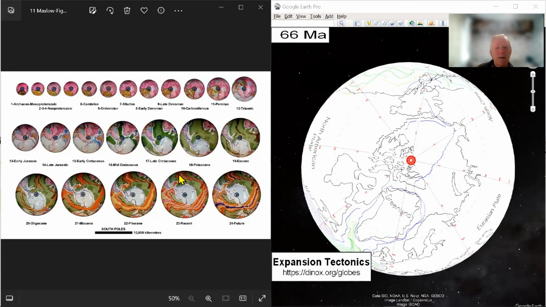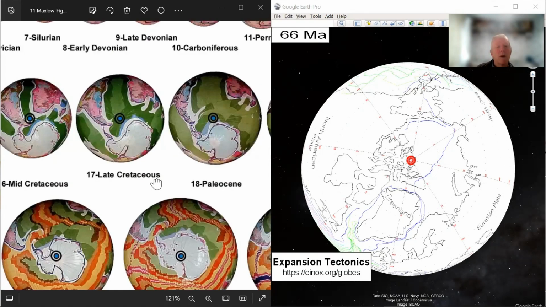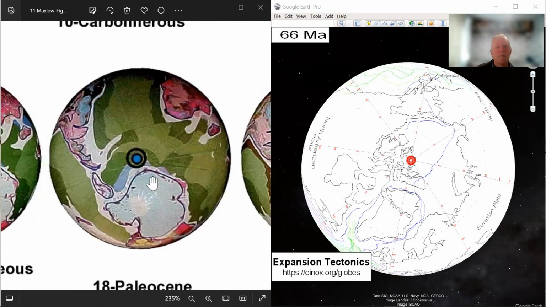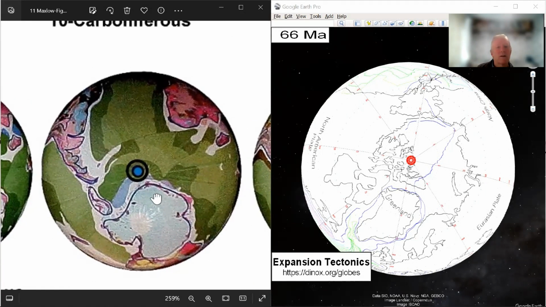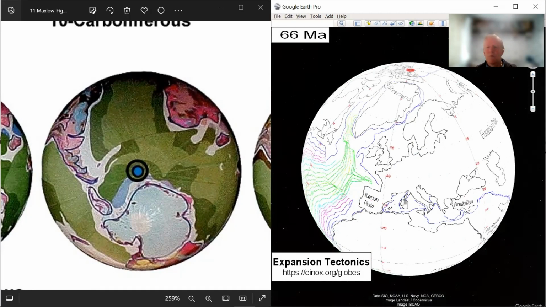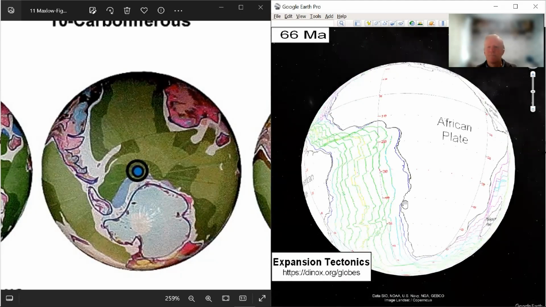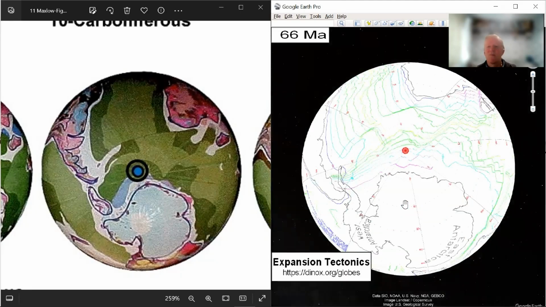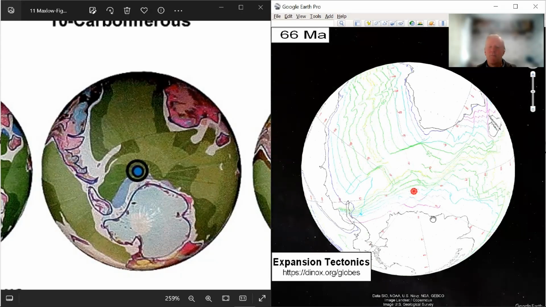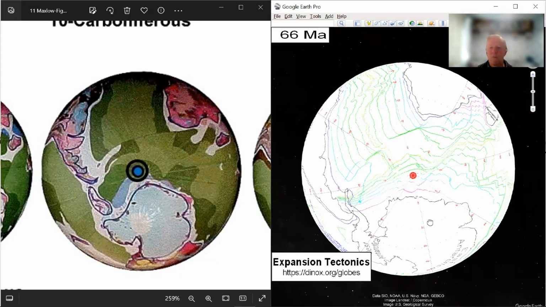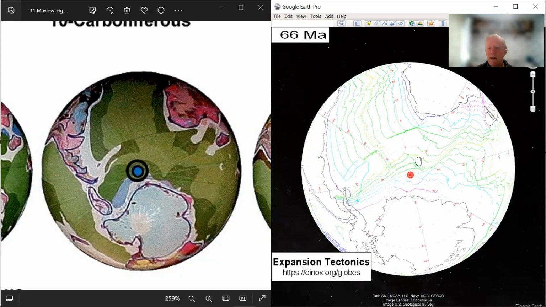And now we're at the South Pole now. That's the South Pole. And again, there's the South Pole on there, and pretty much the same split.